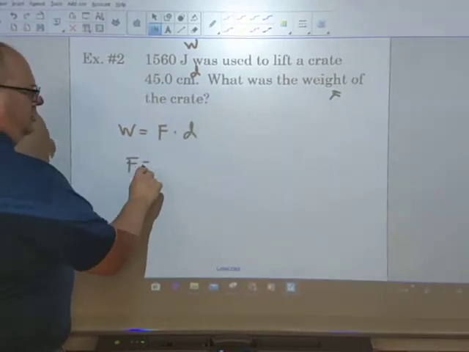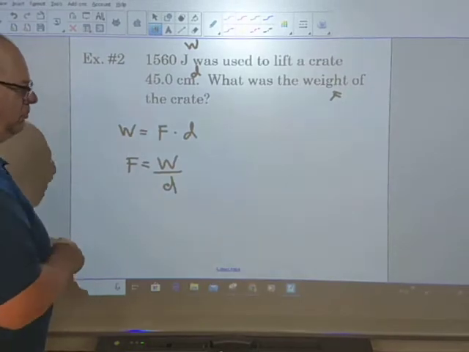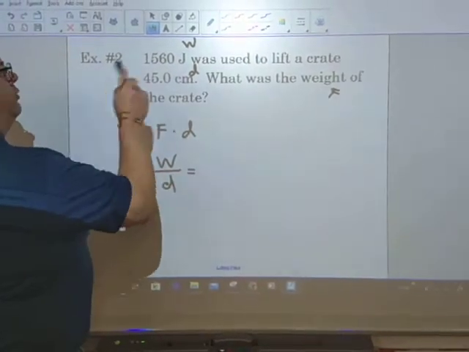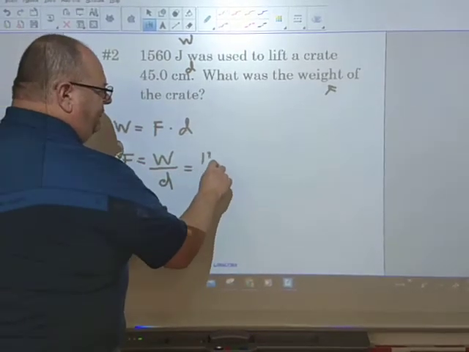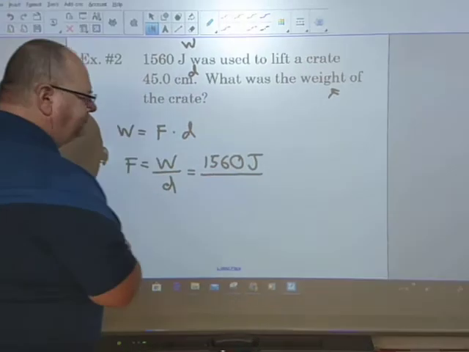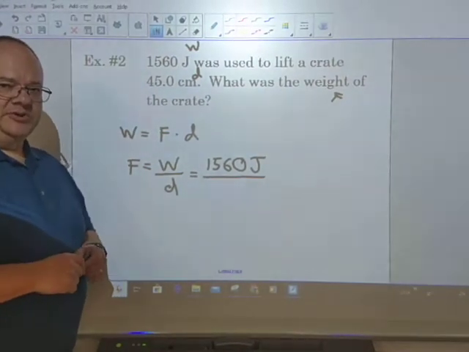Force would be work over distance. Okay. The work was 1,560 joules. The distance was 45.0 centimeters.